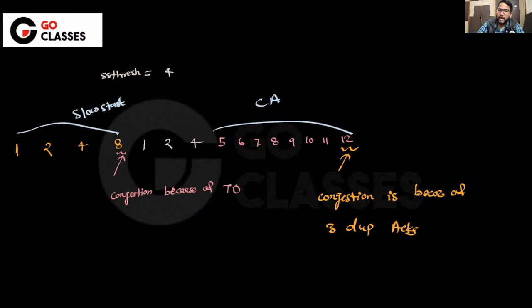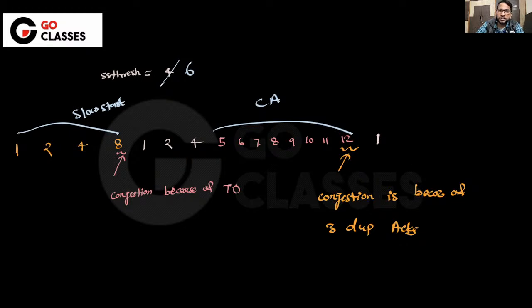Actually, I do not care. I always go to the slow start. That's the implementation, basically, right? I will go to the slow start and I will set the threshold value, this time, to be 6. Earlier it was 4. Now this time it will be 6. And I will again go to the slow start. Let me know if that is clear to everyone.